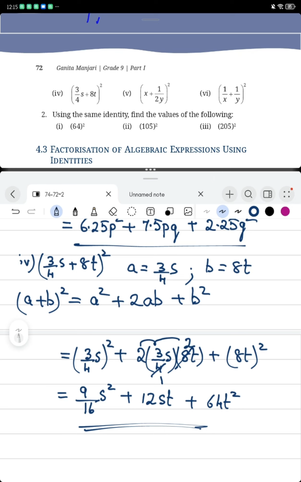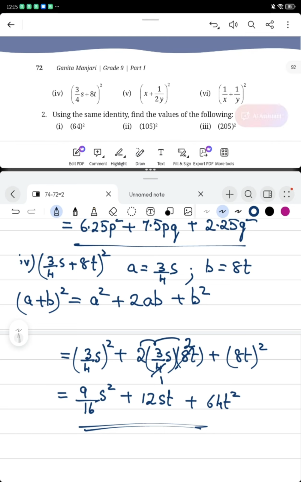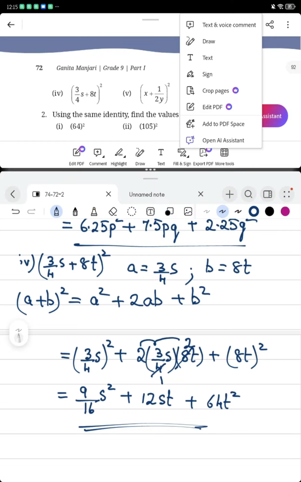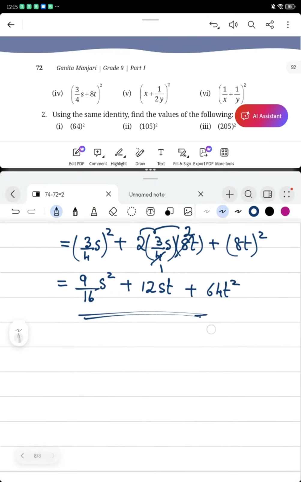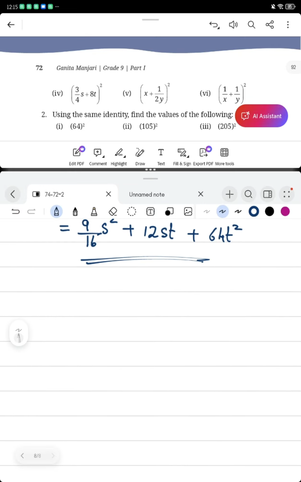Let's do the fifth one. Can you see this? We finished the fourth one. Now we are moving to the fifth one. Okay. So this is the fifth question, fifth subdivision. Let us write the question once. X plus 1 by 2y whole square. Okay. Our A is x and our b is 1 by 2y.